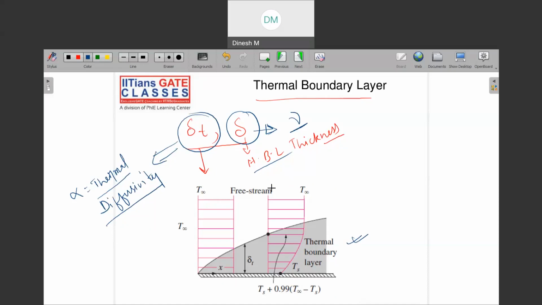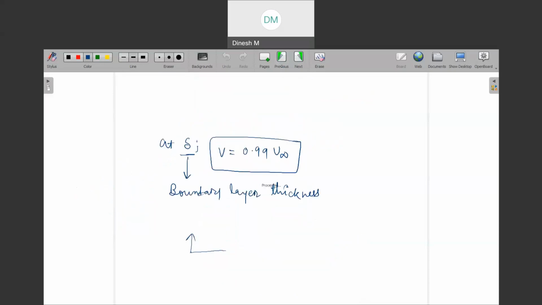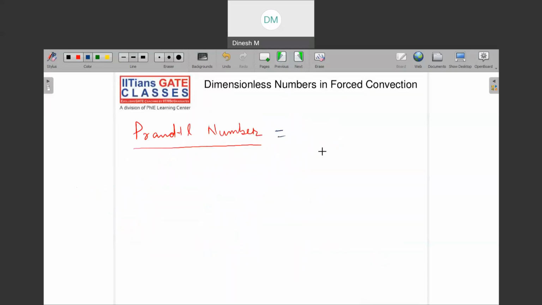Then let us try to find the correlation between them, how to decide whose thickness will be higher and whose thickness will be lower. So this is the Prandtl number which is helping us to decide that. This is the ratio of kinematic viscosity divided by thermal diffusivity.